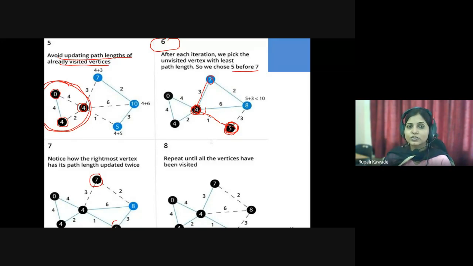So all the vertices, we have shown their path lengths. Now only the rightmost is remaining. For this vertex, just don't consider this value 8. Here it is 7. 7 plus 2, this vertex will be 9.